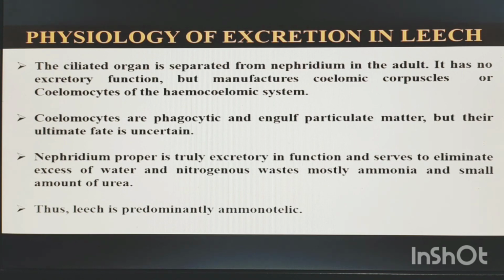Nephridium proper is truly excretory in function and serves to eliminate excess of water and nitrogenous waste, mostly ammonia and a small amount of urea. Thus, leech is predominantly ammonotelic. That means leeches excrete ammonia as their excretory waste materials.